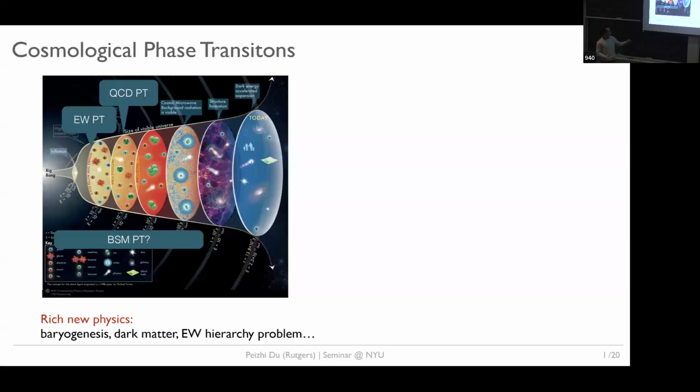Or we can consider models in which the dark sector has an SU(N) confining group, and the hadrons of that could be the dark matter, which could also explain the origin of dark matter. Or we can link that to the electroweak hierarchy problem, because one of the solutions to it is composite Higgs models, which predict some kind of confinement in the early universe. That kind of phase transition is also typically first order. So it is linked to rich new physics.